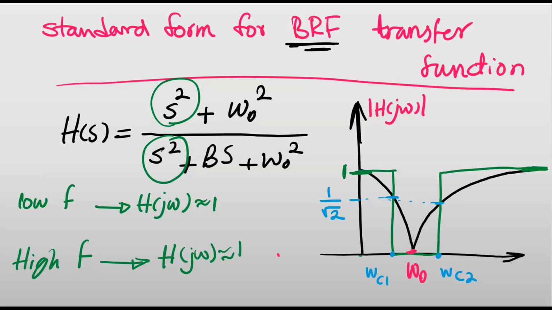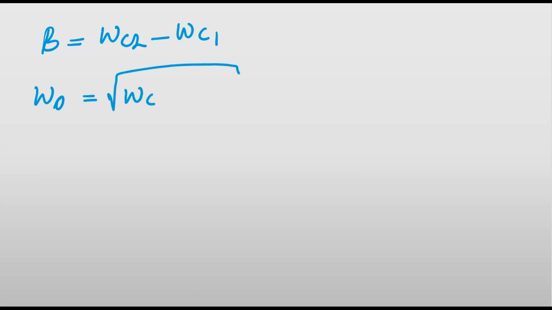using equations that describe ω c1 and ω c2 based on ω naught and β. I'm going to write the equations one more time here. The equations are basically similar to what we have for the band pass filter. We know that β is equal to ω c2 minus ω c1, and ω naught is equal to radical ω c1 multiplied by ω c2.